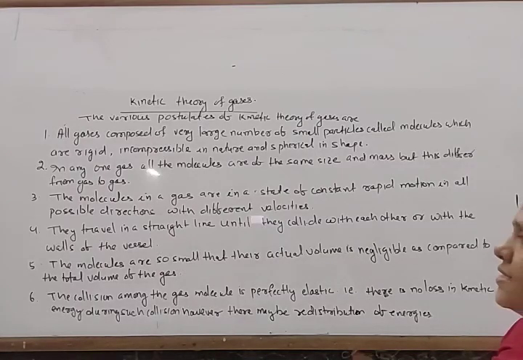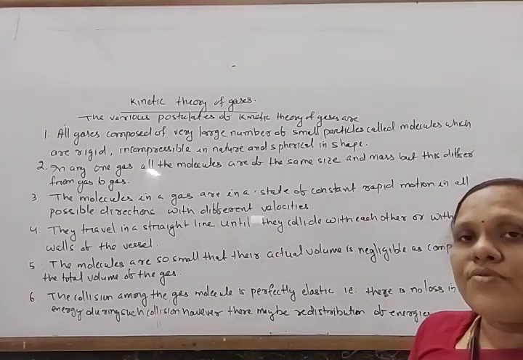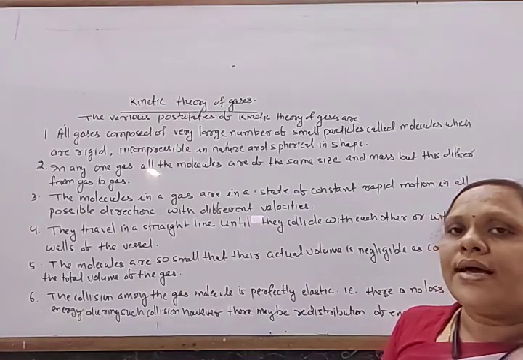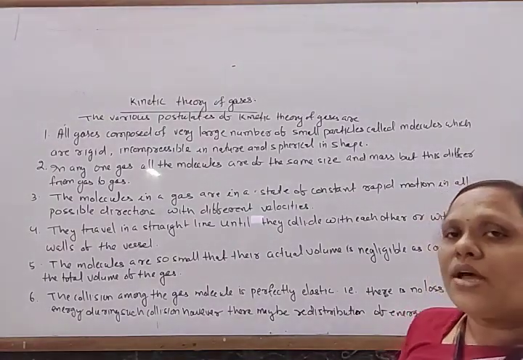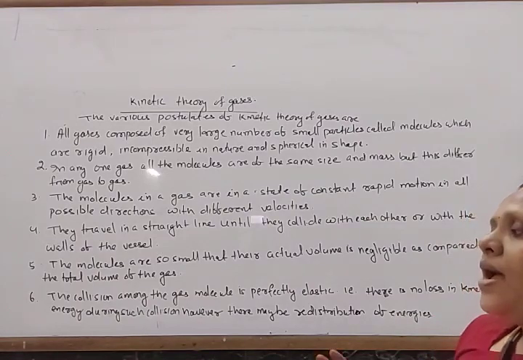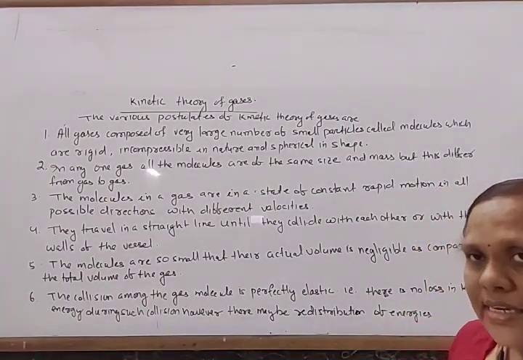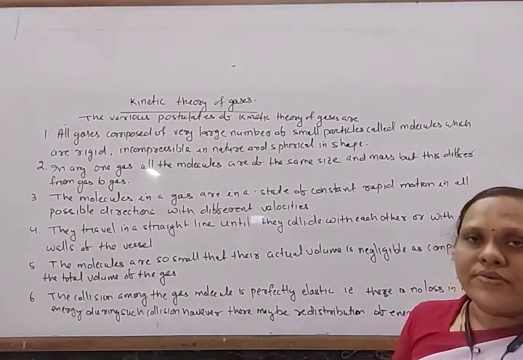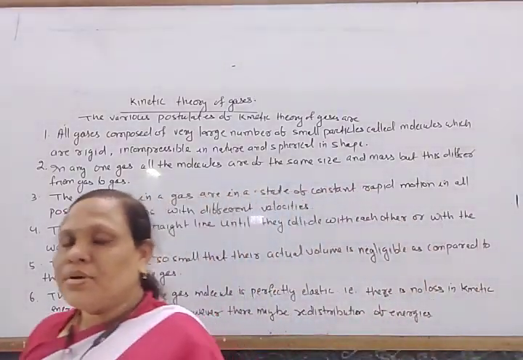They travel in a straight line until they collide with each other and with the walls of the vessel. The molecules are so small that their actual volume is negligible as compared to the total volume of the gas, and the collisions among gas molecules are perfectly elastic. That means there is no loss in kinetic energy. However, there may be redistribution of energies among them.